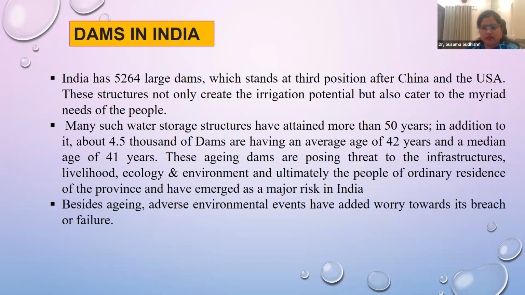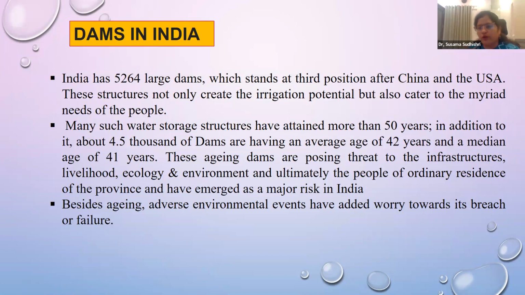If you see the age of dams in India, most of the dams are more than 50 years old. So there is the problem of stability of the dam when we are talking about climate change or earthquake. That we will have to look into now for sustenance or restoration of these dams.